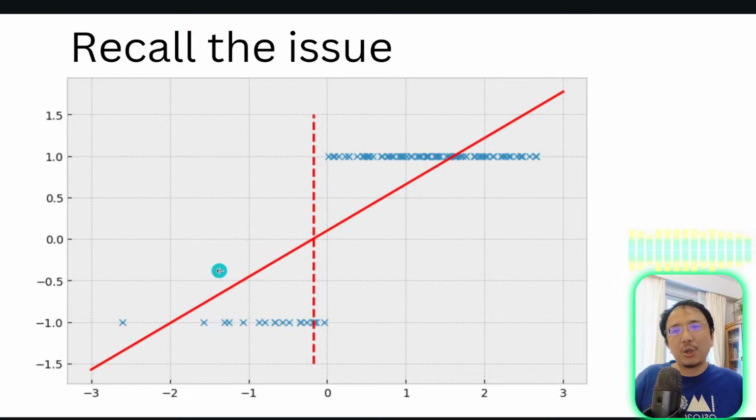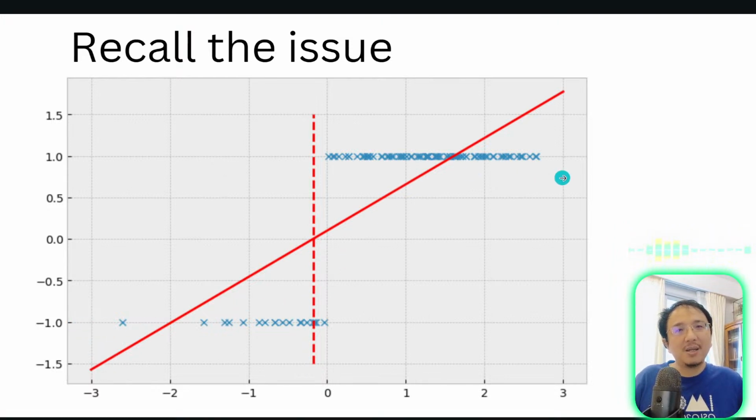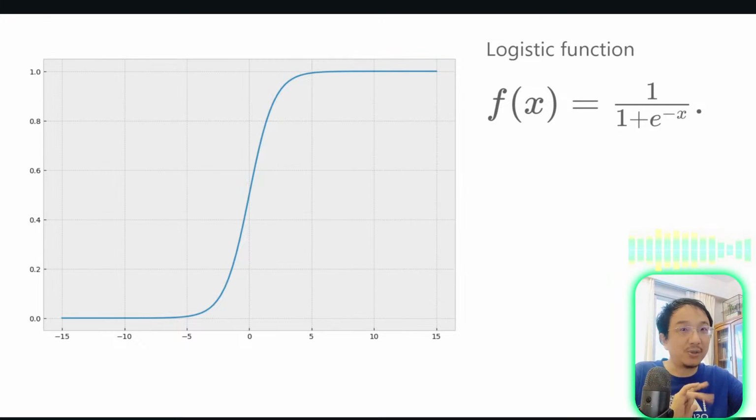The issue is that the shape of this model, a straight line, is very different from a step function. The blue dots look more like a step function. They are so different. So we should probably use another shape that is closer to the step function. We're using the logistic function. We can still use least squares, although we are going to use another loss function. But that is not the crucial part.